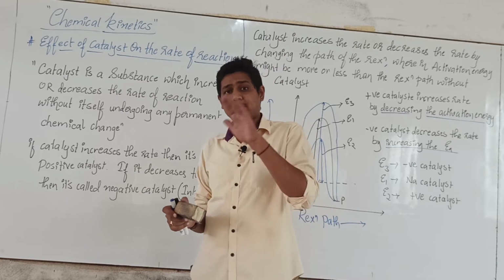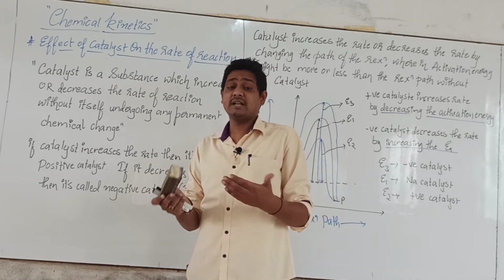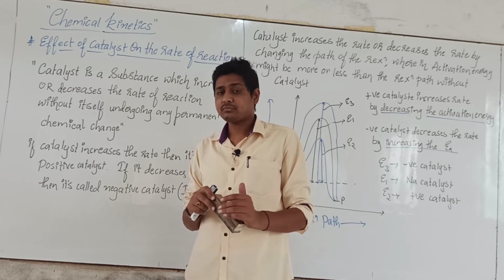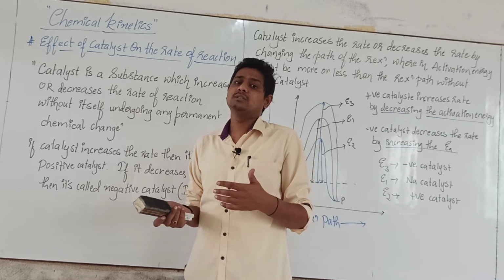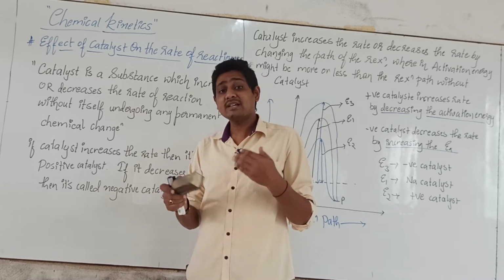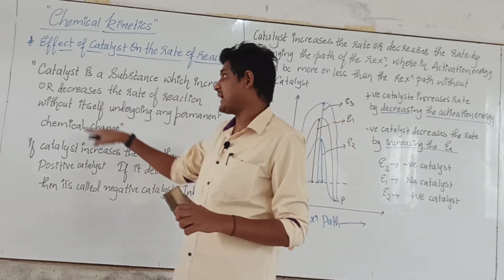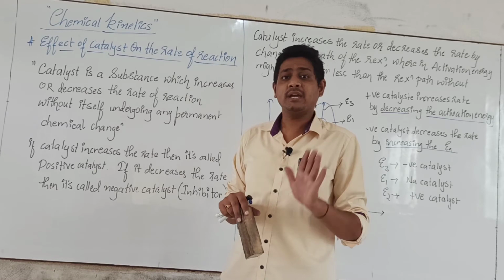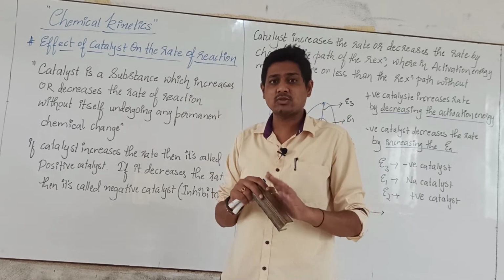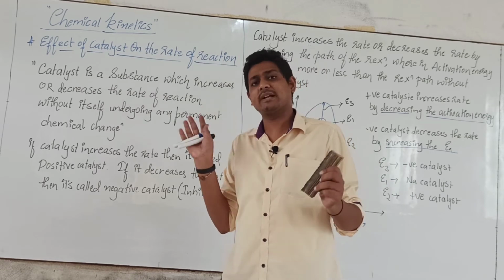If the catalyst is suppressing the reaction, the rate of reaction decreases, so the formation of product will be slower, or we can say the reaction is taking place very slowly. In any reaction, if you make use of a catalyst, at the end of the reaction the catalyst will be the same. There will be no change in the nature of the catalyst, only you will get the product.